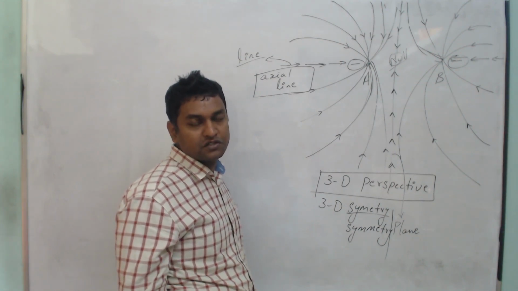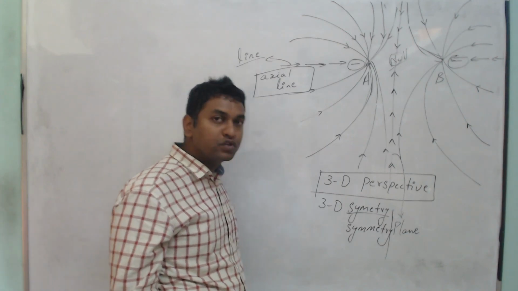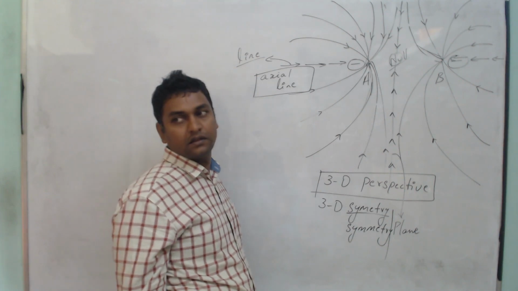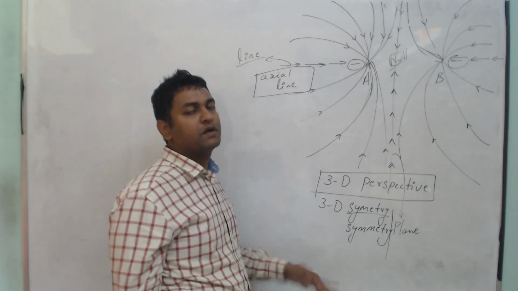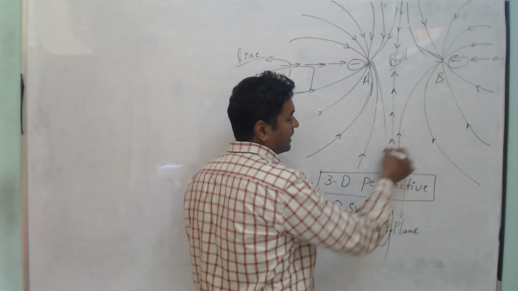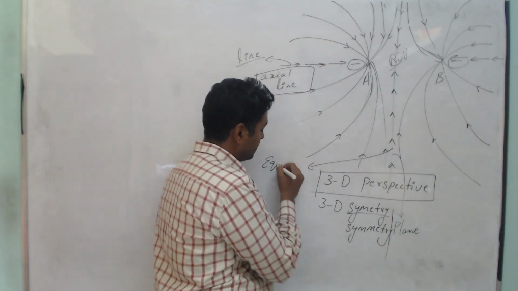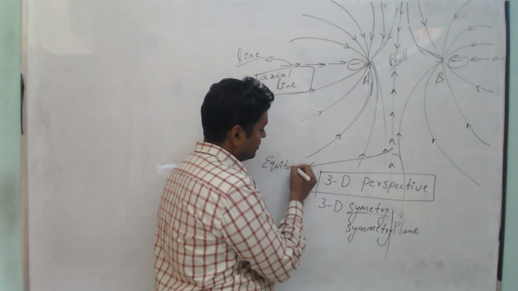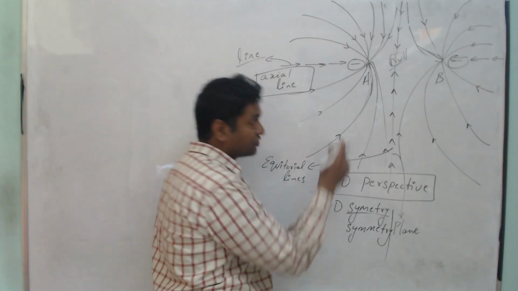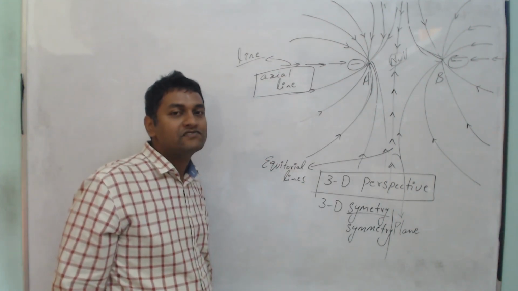Because this axis is passing through the charges, I call it an axial line. This particular line, I will call it an equatorial line, because it's exactly dividing the two sides. It is passing through the null point.